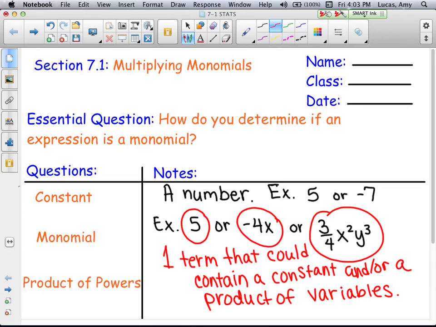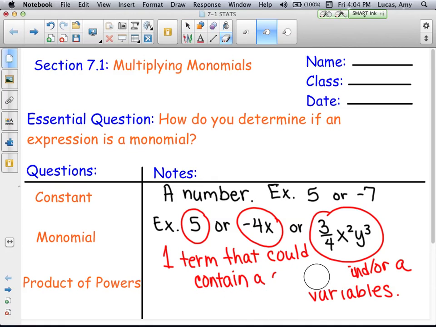So it's one term that could contain a constant and or a product of variables and a constant. So it can have a plain number, it can have a plain letter, or any combination that would be a product of numbers and letters. Maybe there's a better way to say that.